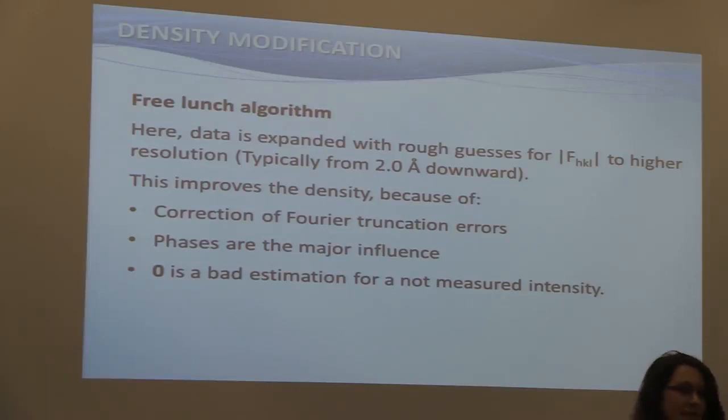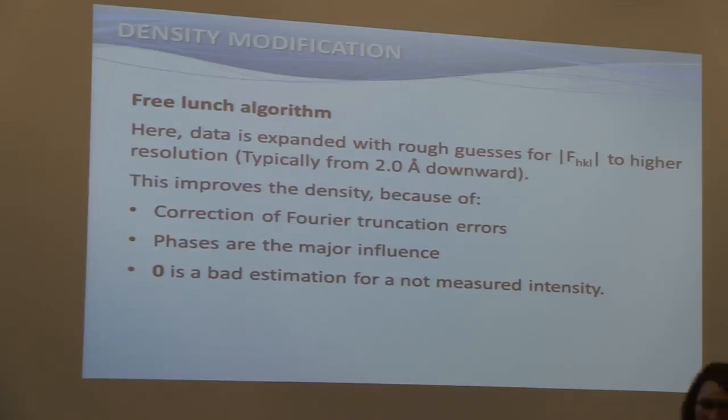There's no basis except they fit the general statistical distribution for intensities. Now, this should not really improve things, but amazingly it does. And if you have good resolution, 2 angstrom, you can, for example, say I free lunch to 1.8 and just expand the resolution of your data for the purpose of phasing by guesses of what the intensities could have been.